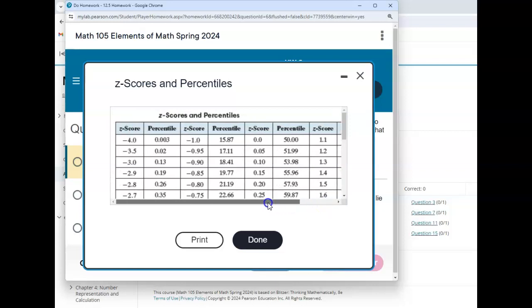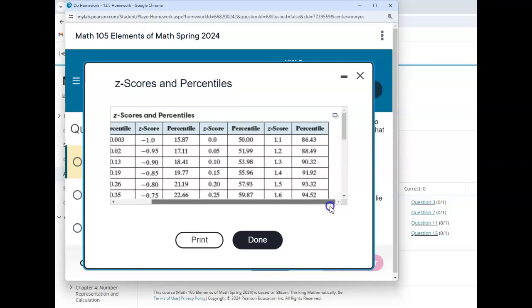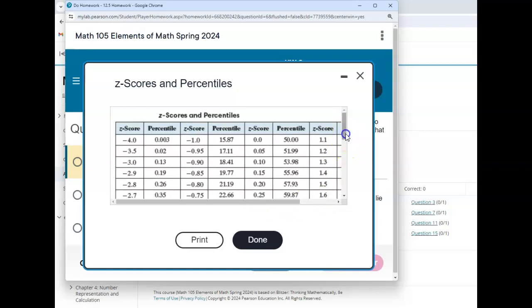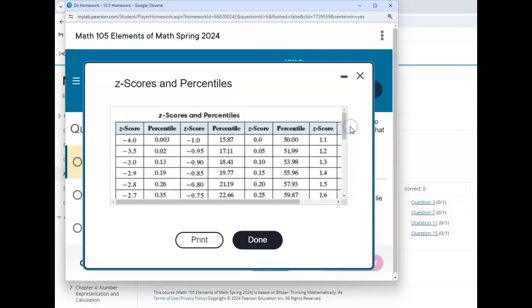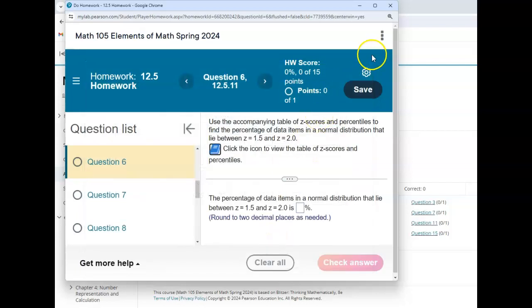Now the charts they give you, I'm not sure if they have every value. Looks like it does. This chart does have everything as well. Sometimes they give you an abbreviated chart if you don't need all of it. But it'll be right there in the homework so you can refer to it. And when you're taking the test, I will have a copy of that chart for you as well.